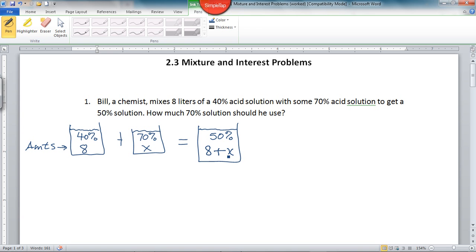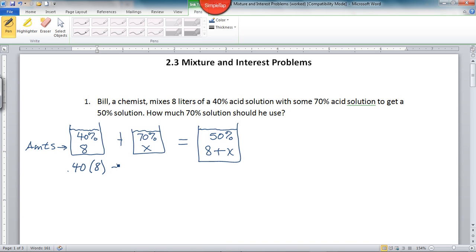Now, once I have both of those things in each part, I can set up the equation just like it is right here. I'm going to multiply the percentage times the amount in each case. I'm going to take the 40%, and of course, I've got to change it to a decimal: 40%, move it two places back, that would be 0.40, and multiply it times its amount, 8.